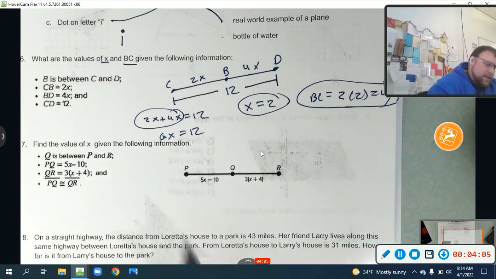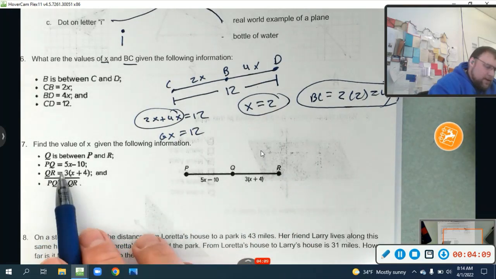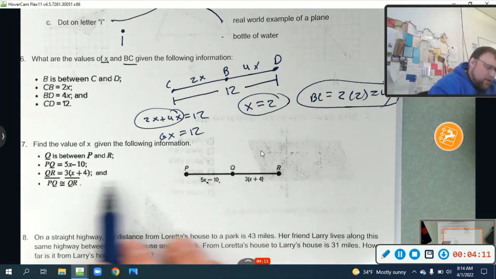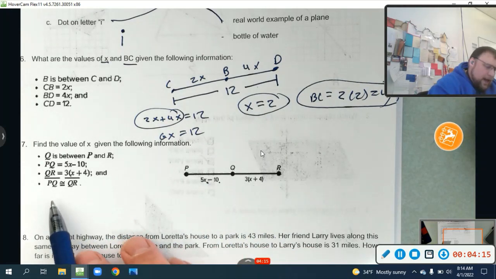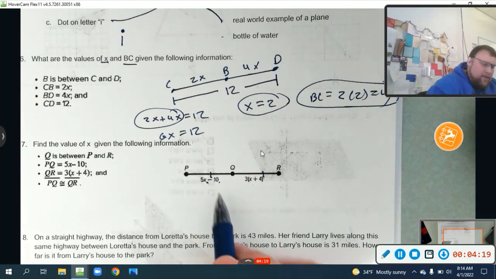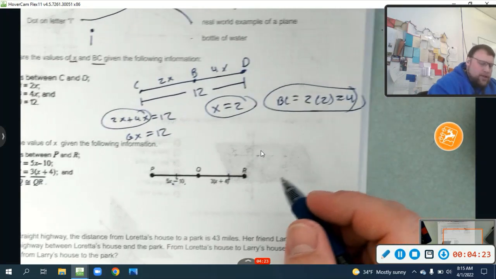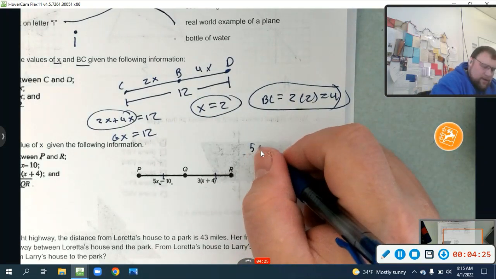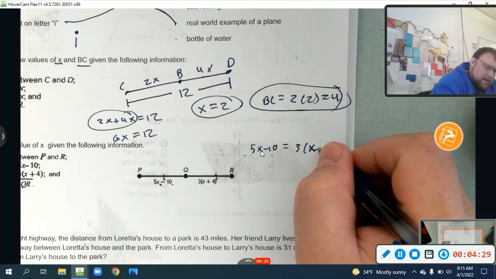So this next one. Q is between P and R. We have that already. PQ is 5x minus 10. QR is 3 times the quantity x plus 4. And PQ is congruent to PR. That means they're the same measure, so they're equal to each other. So now the equation I can set up is 5x minus 10 equals 3 times x plus 4.